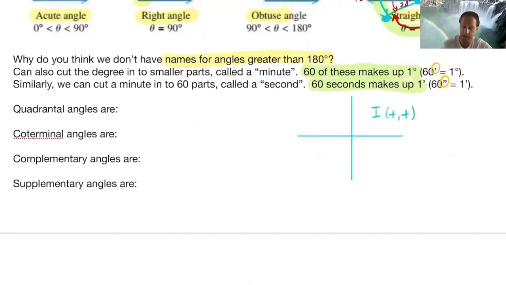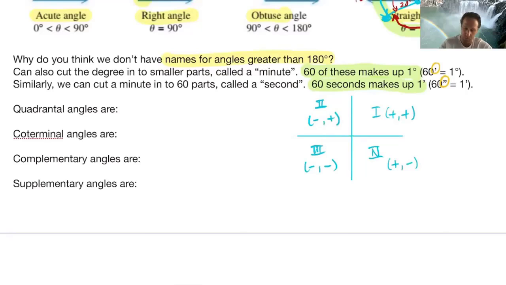And then they switch the X first to be negative, keeping this positive. So we went here to the left, and then they changed the Y value next to be negative. So that is quadrant 3, and they use Roman numerals for these as well. And then quadrant 4 would be where we are then positive and still negative.